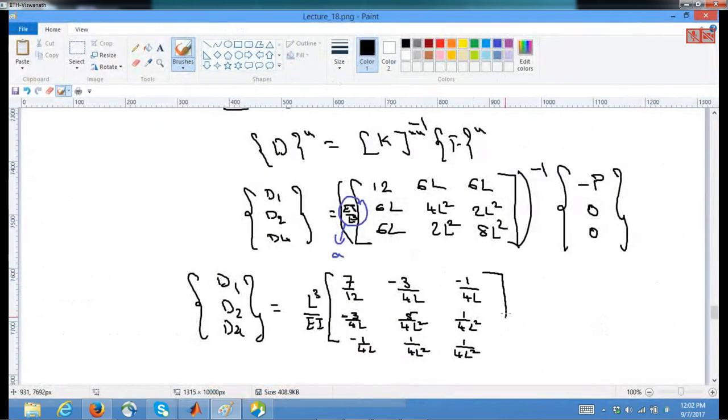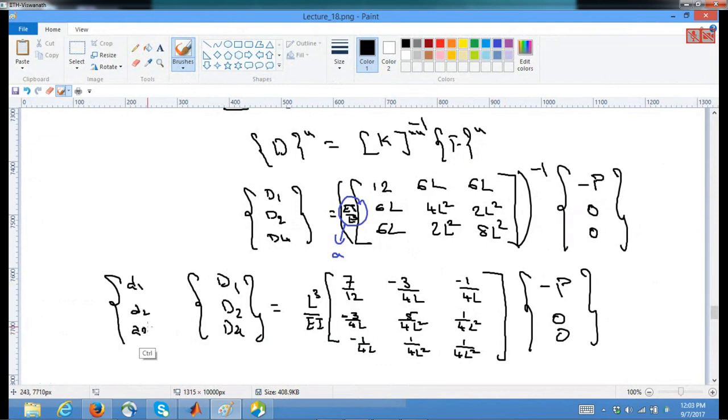Times minus P, 0, 0. That says that this is nothing but D1, theta 1 and theta 2.